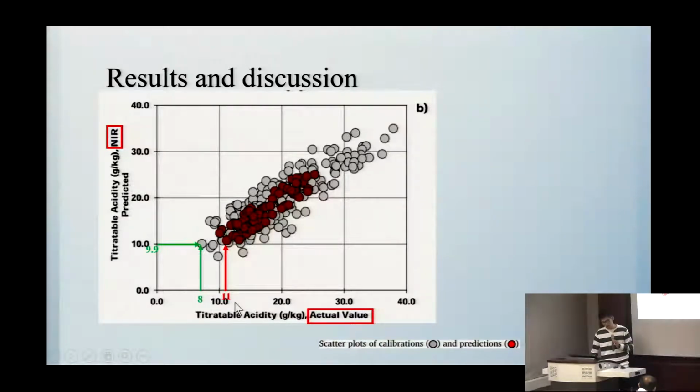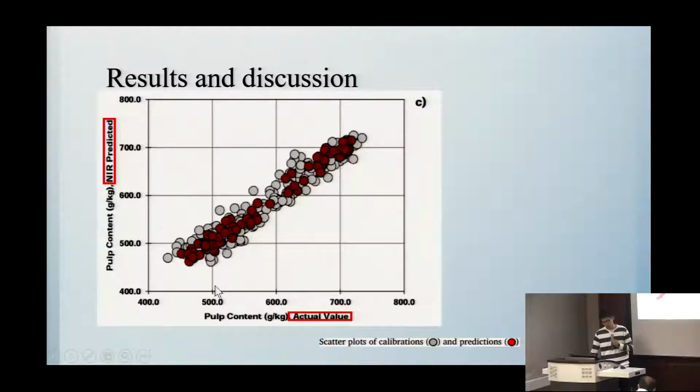But for the predictions we have, we need it closer than only the original correlation. And let's come to the pulp content. The original is not that similar, but the model we predict is much closer.